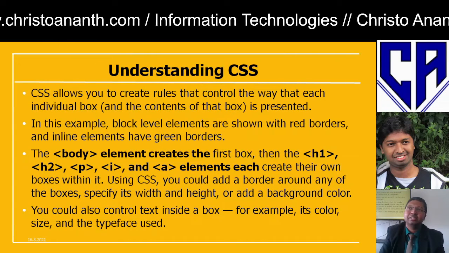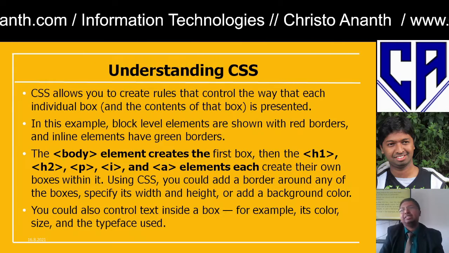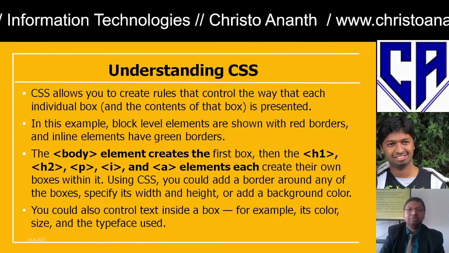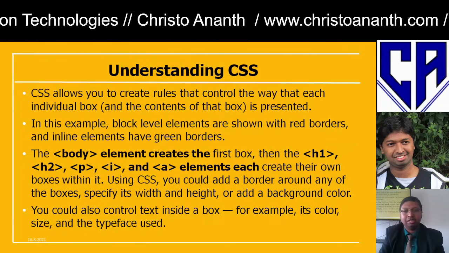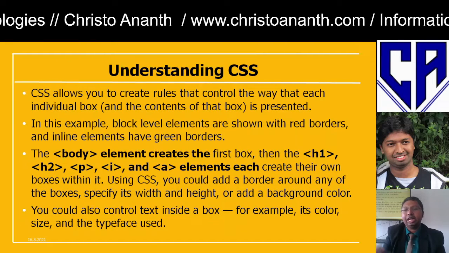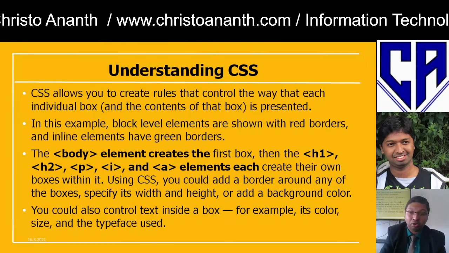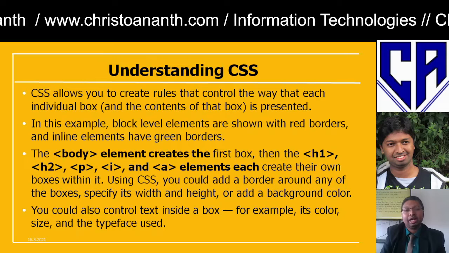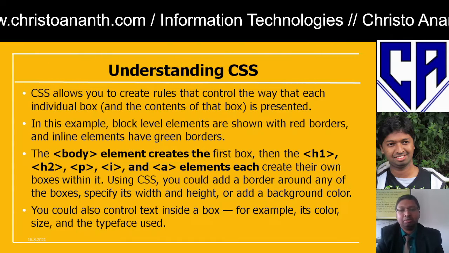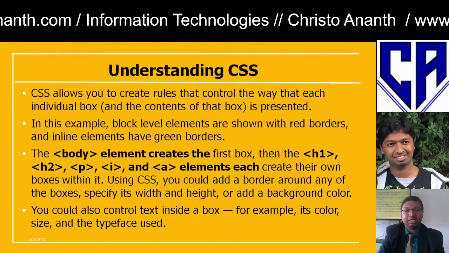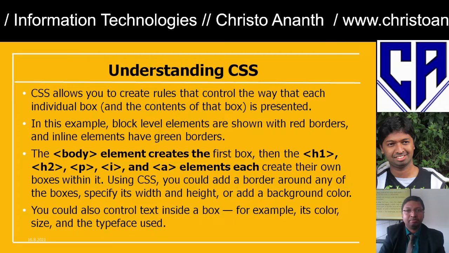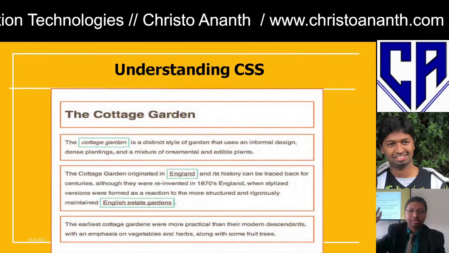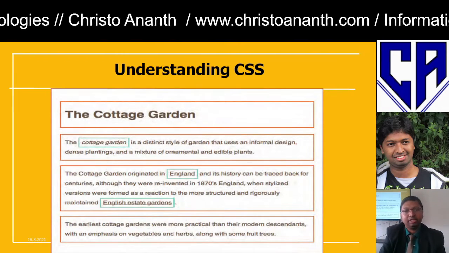I is italics. As well as A elements, which we will have with the CSS also. So you can add a background color, you can add a foreground color also. So you can have control of the text inside the box. You'll have its color, size as well as typeface. So this is the example of how you try to understand the CSS.